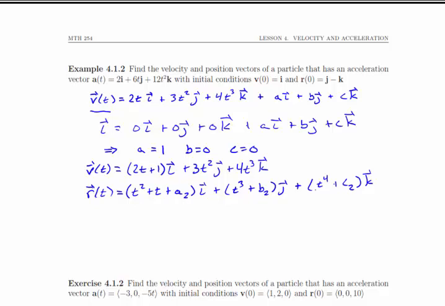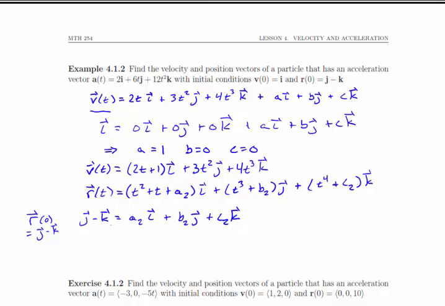Now we need to find my a2, b2, and c2, and we do that by using our initial condition that r of 0 equals j minus k. So j minus k is what r of 0 equals, and I'm going to plug in 0 now for t on the right side, and I get a2 i plus b2 j plus c2 in the k direction.